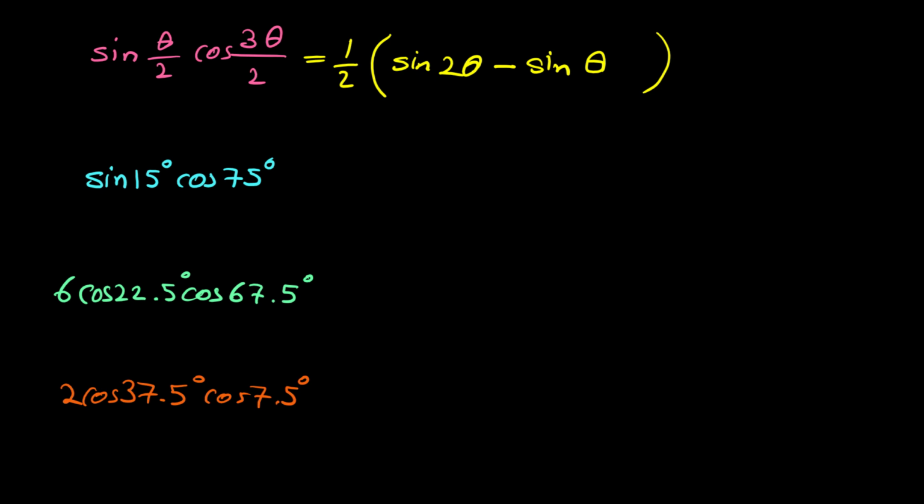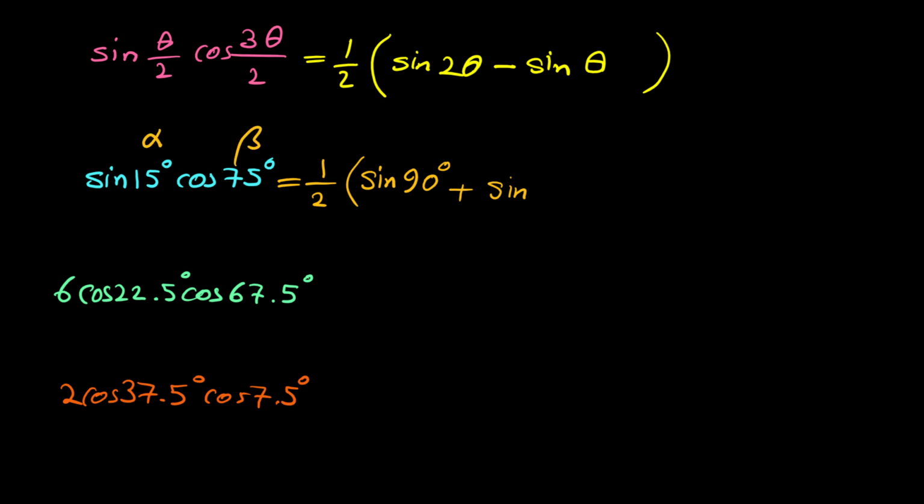Let's see what happens if we use the product to sum formula for simplifying this. Hopefully it helps us to find the value. 1/2 sine of the sum of the angles, 15 plus 75, is 90 degrees, plus sine of alpha minus beta, and attention, this is alpha and this is your beta.